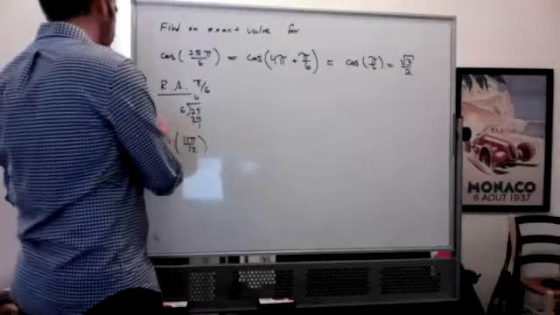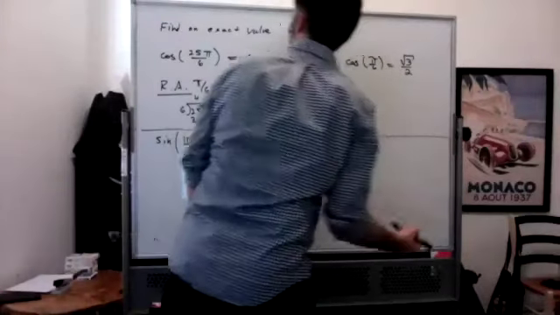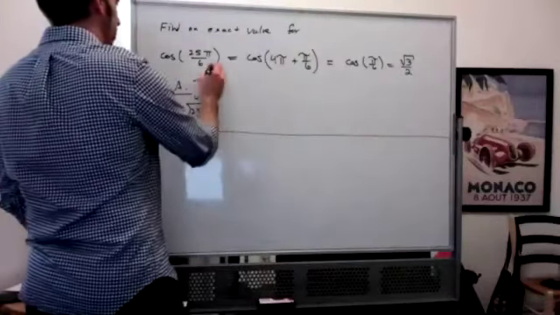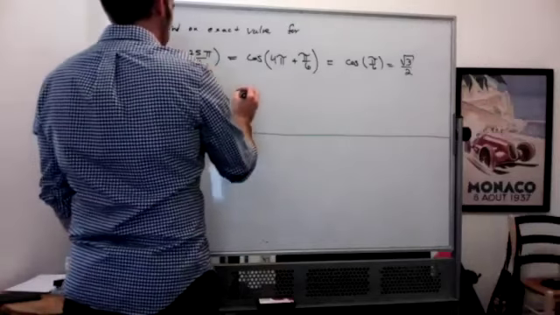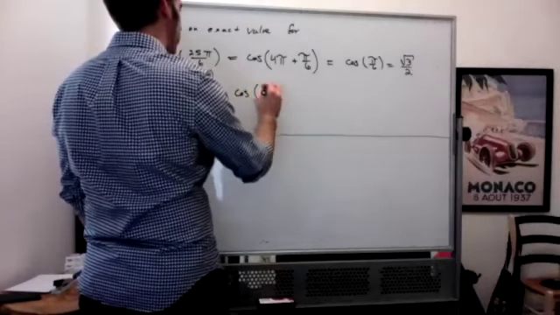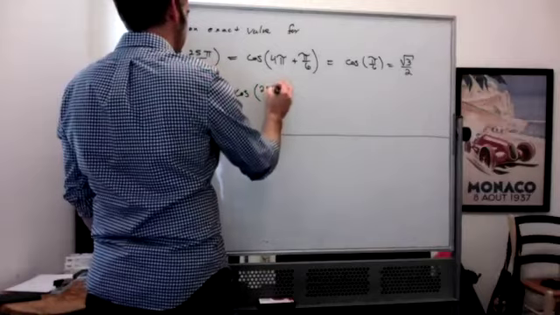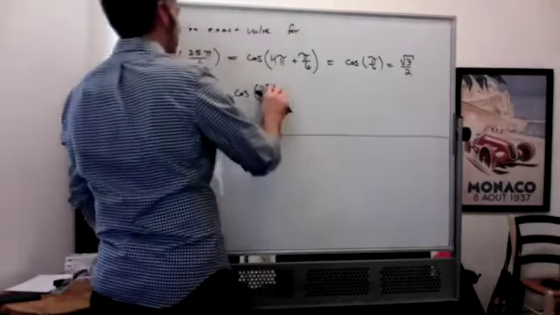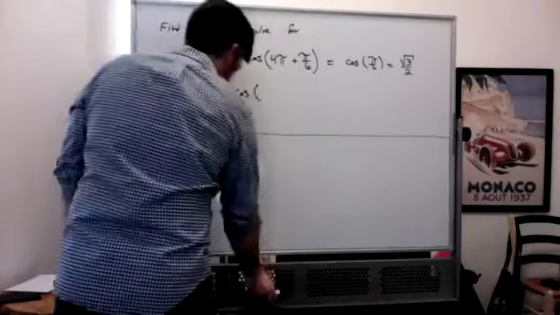Just to go along with this question, what if instead we asked for cosine of 31 pi over 6?